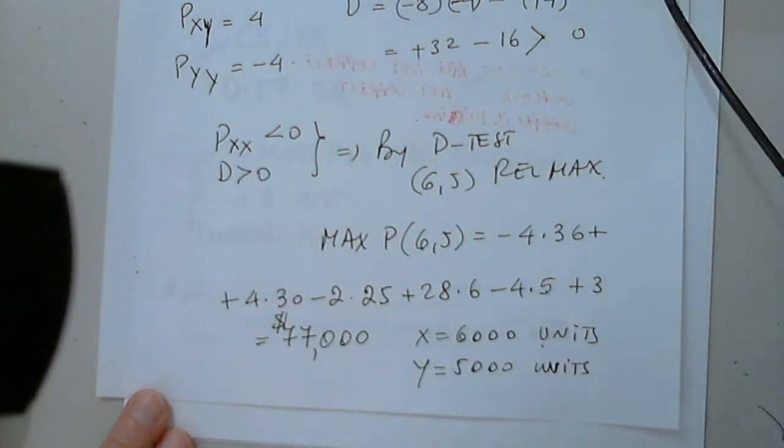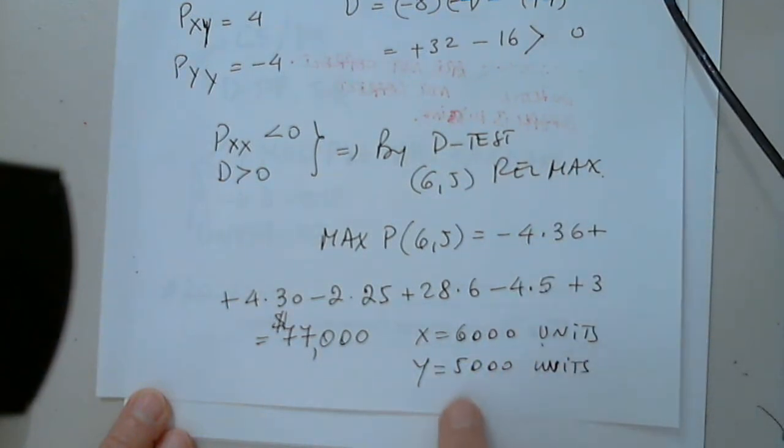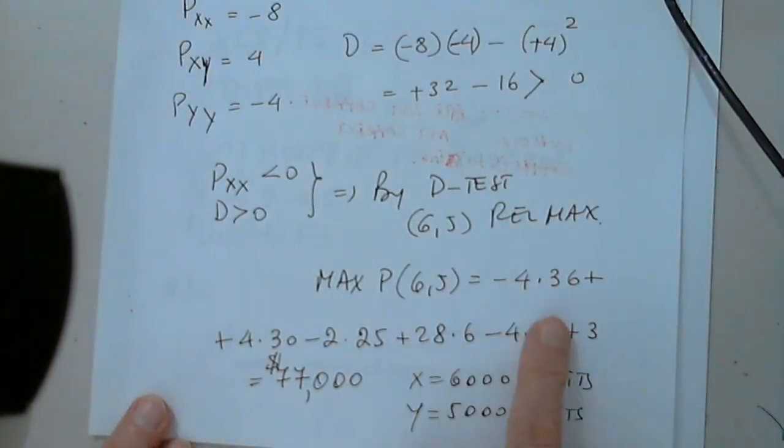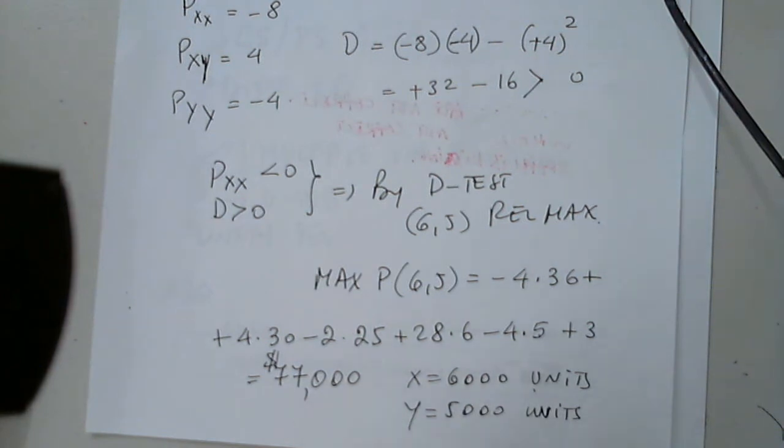So the relative max is obtained when 6,000 units of labor and 5,000 units of capital or something, or what was it? No, it was x and y. I didn't write down what x and y represent, but they were both units. So should I check this number?